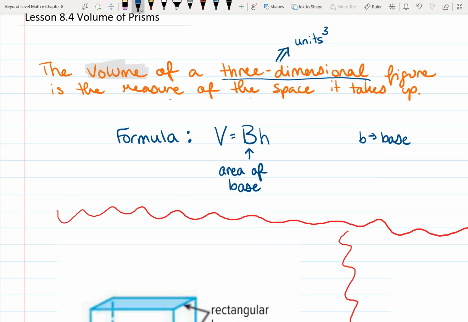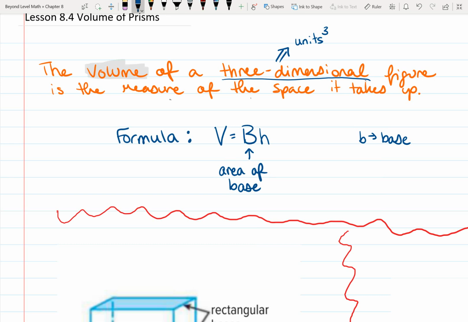Depending on what type of prism you have, you could have a rectangular prism, so the base is a rectangle. You can have a triangular prism, so the base is a triangle. You can have any type of base, right? You could have a pentagonal prism, so the base is a pentagon. When you name the prism, the name of it is the shape of the base.